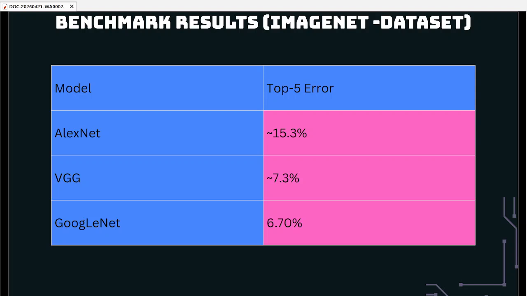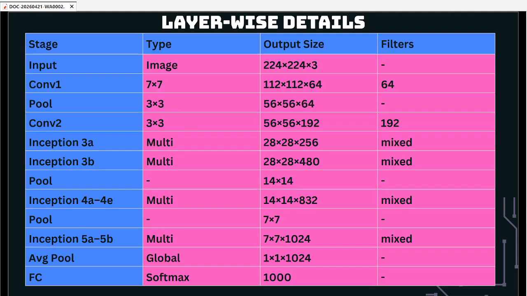The key innovations were the Inception modules, multi-scale feature extraction, one cross one convolutions, auxiliary classifiers and global average pooling.